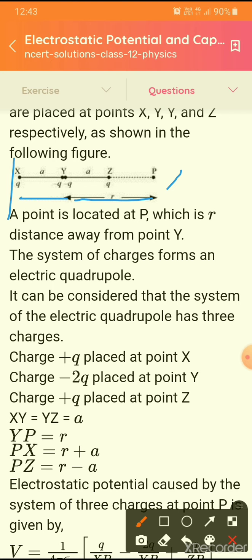Next, P to Z. We have to find this distance P to Z. P to Z means total r minus this value, which gives you PZ. That will be r minus a. So we have found all the values.